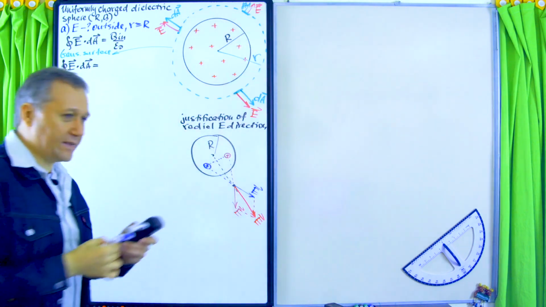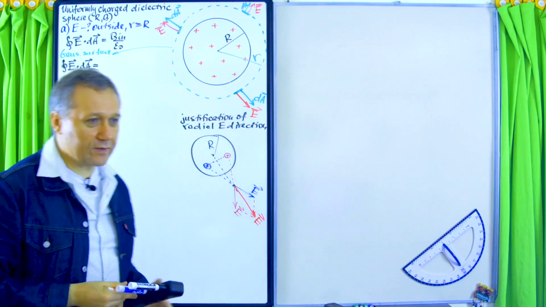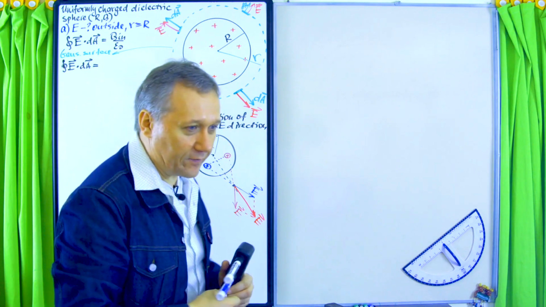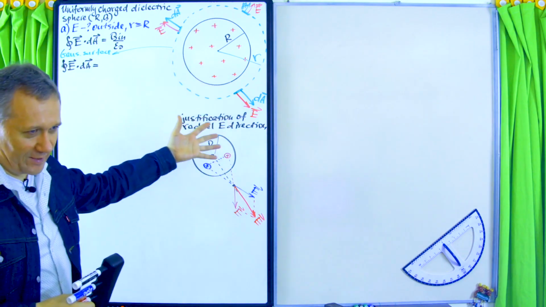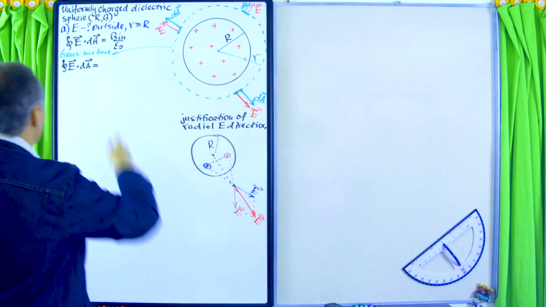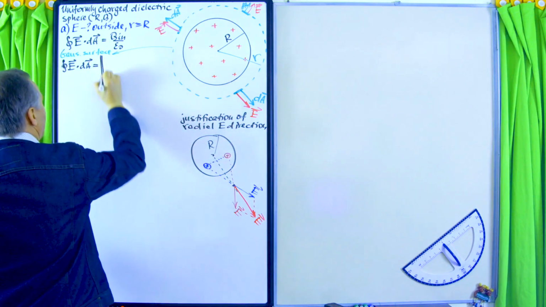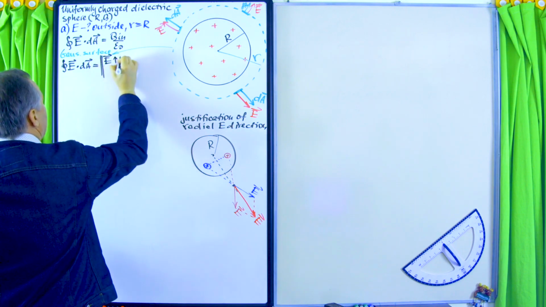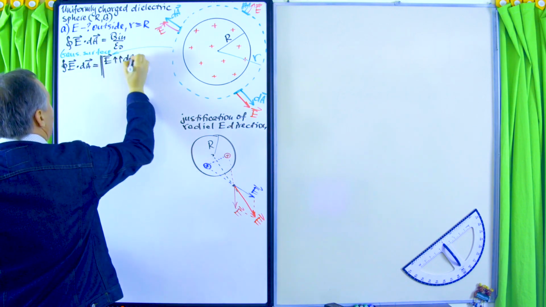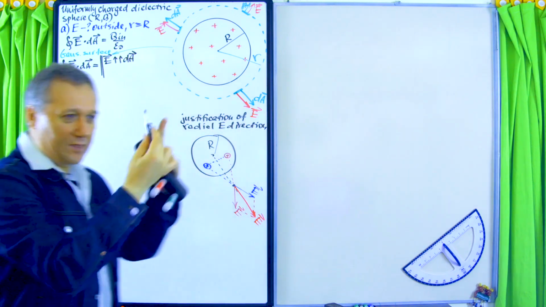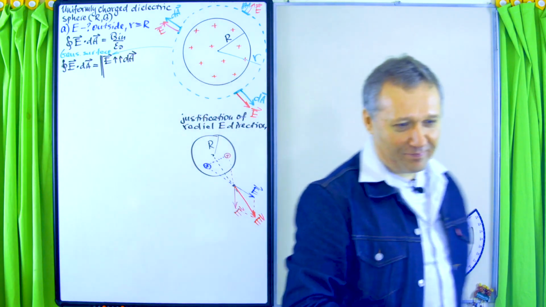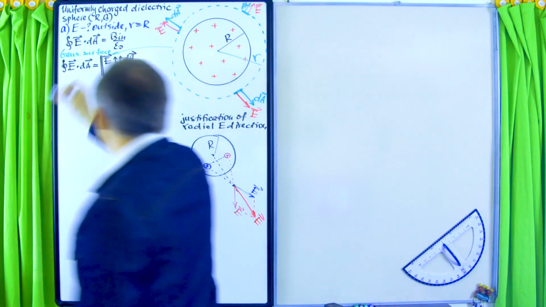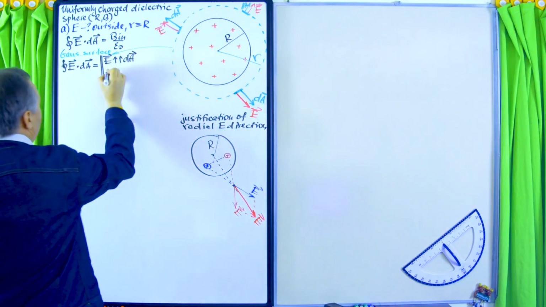Okay, so now I see pretty much almost everything about the electric field. I see the directions of E and dA. So now I will open my explanation box and write: since E is parallel to dA, you see, the same directions, I can simplify this dot product, or scalar product.